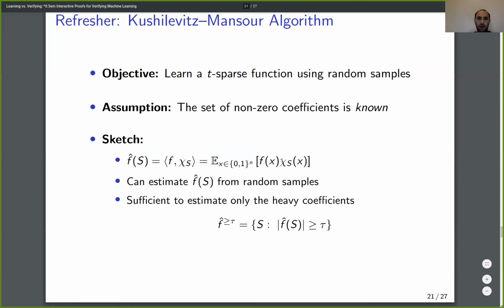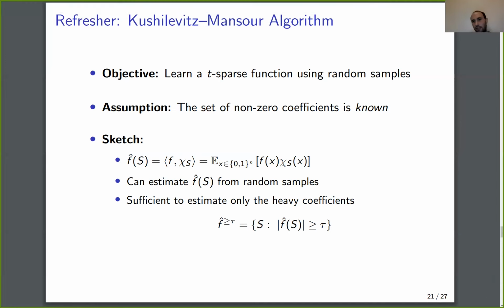And because this product is just a bounded random variable, if we take 100 samples and we take the average of f of x times chi s of x for those 100 samples, then that would be a very good estimate of the expectation from Hoeffding's inequality.